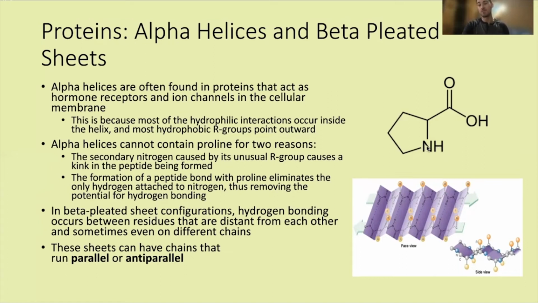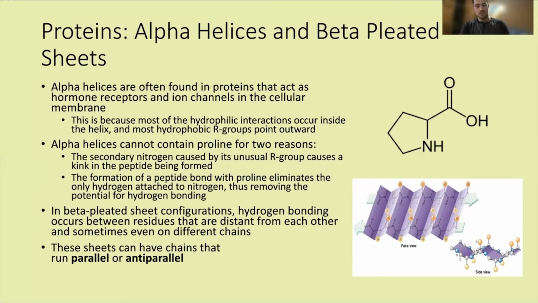And remember, when we're talking about secondary structures and alpha helices, it is the backbone interactions of the amino acid residues that create the alpha helix. So that's just something to keep in mind. Proline is really a special case out of the 20 amino acids. It's actually referred to as an imino acid, an amino acid with an I.